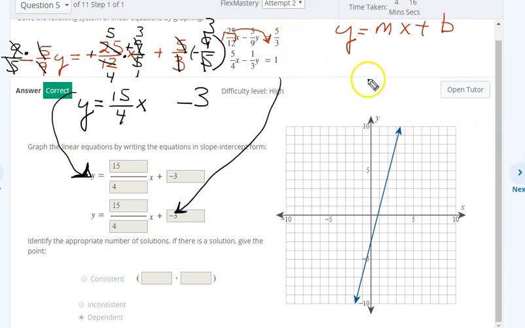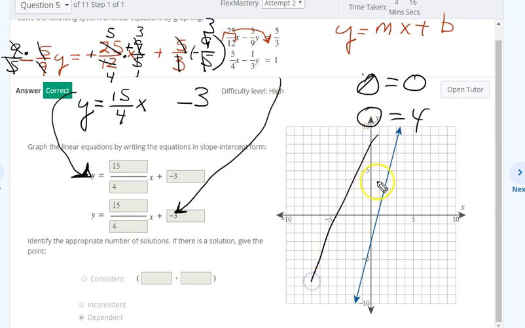There we go. It would be like 0 equals 0. Anytime you end up with a true statement, that is dependent. If you ended up with a 0 equals 4, that's not true. These lines would have been parallel, and that would be inconsistent.